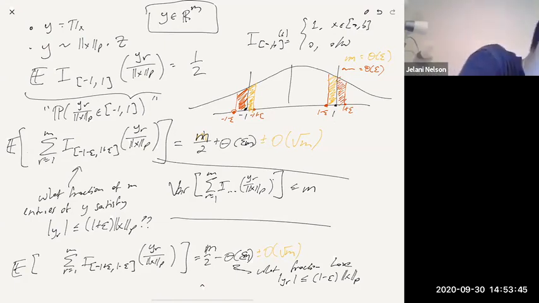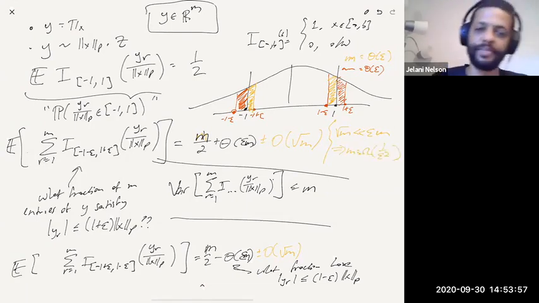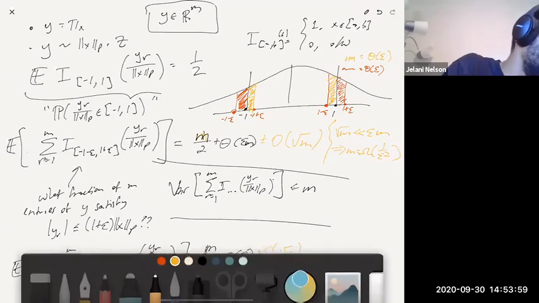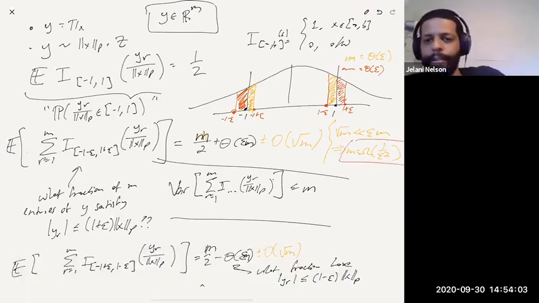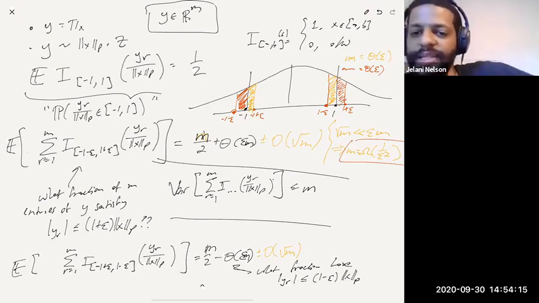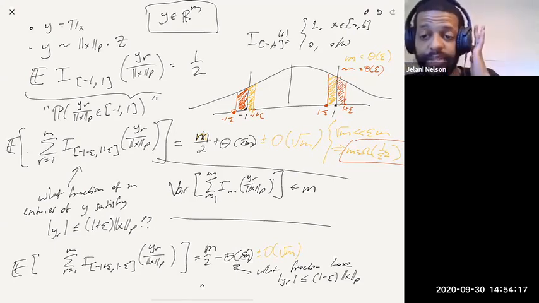So I want this root m factor to be much less than epsilon m, which is the same as saying I want m to be at least 1 over epsilon squared. And that's it. I'm done. Does that make sense? So we've just shown that as long as you have 1 over epsilon squared rows in this matrix, you succeed with probability 9/10. That's implied by Chebyshev.